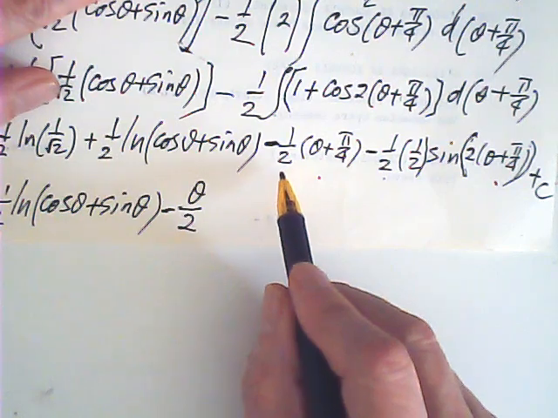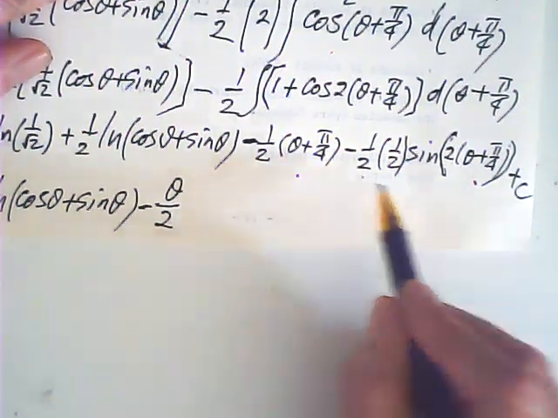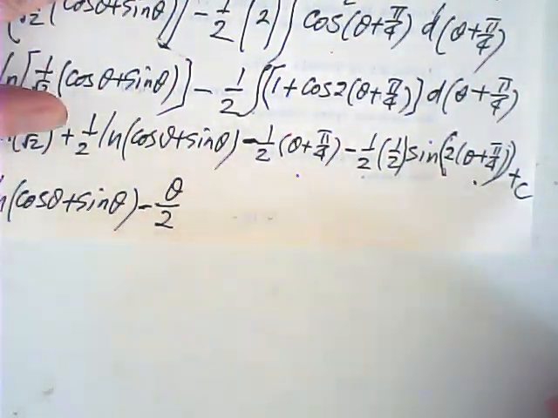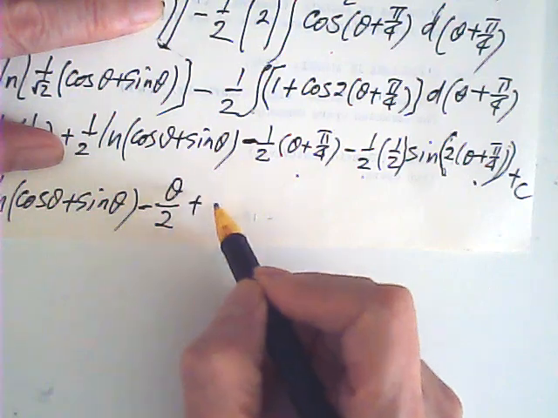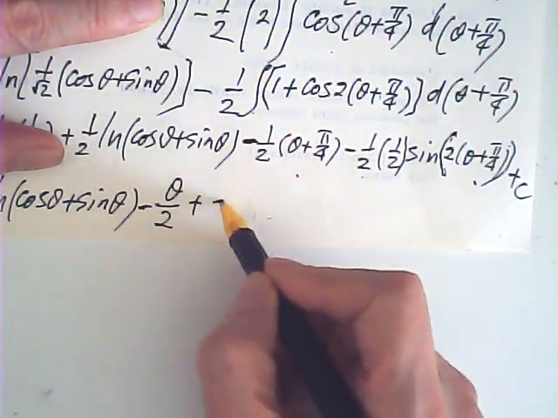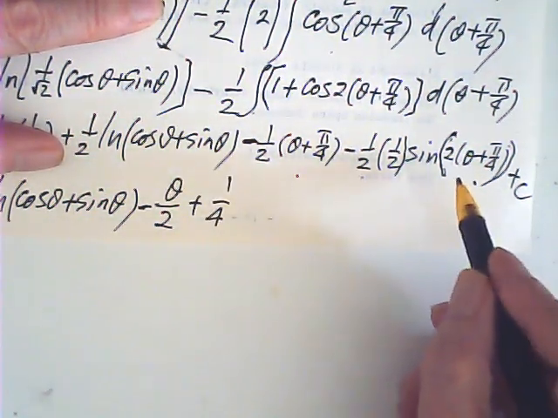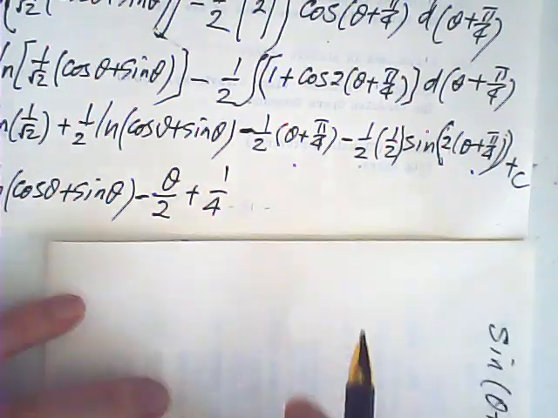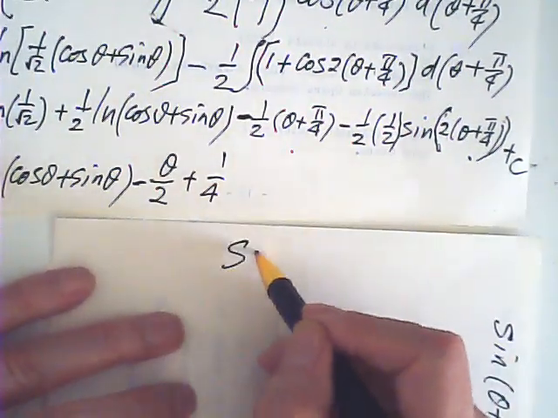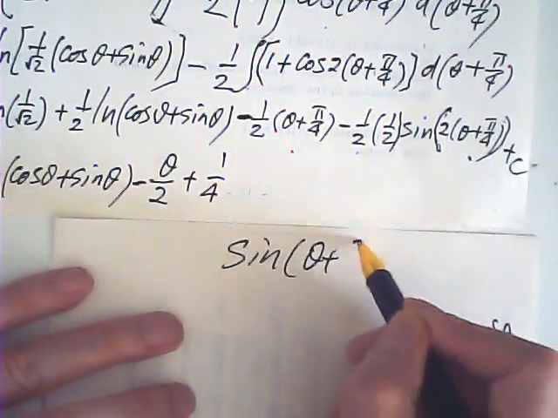Quarter pi times 2/2 is a number. That number combined with the c, so this is gone. And plus 1/4 sine 2 theta plus half pi. This is sine theta plus half pi, right?